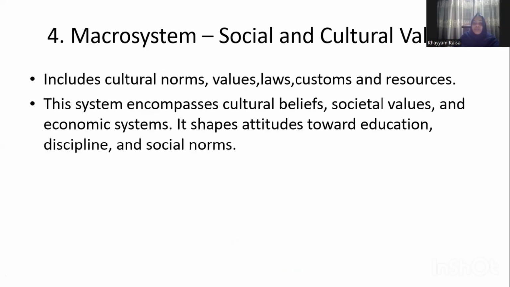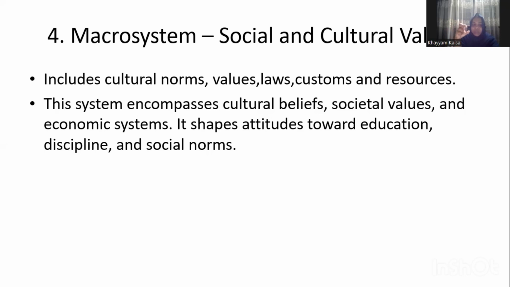That is macrosystem. Macrosystem is social and cultural values. It includes cultural norms, values, laws, customs, and resources. The system encompasses cultural beliefs, societal values, and economic systems. It shapes attitudes towards education, discipline, and social norms. The system involves the broader culture and societal influence, including socioeconomic status, cultural values, traditions, and laws.